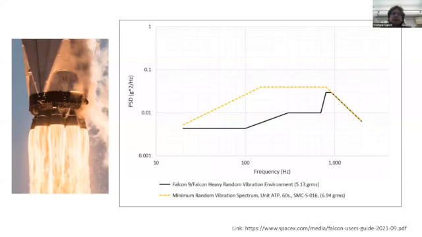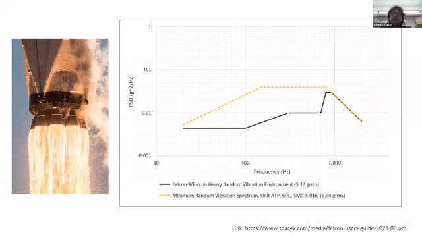And then, of course, like I said, the loads during launch are not really static. They're very dynamic. They're very vibrational. And the true launch environment that you'll see defined in each of the rocket users guides is a random vibration environment.